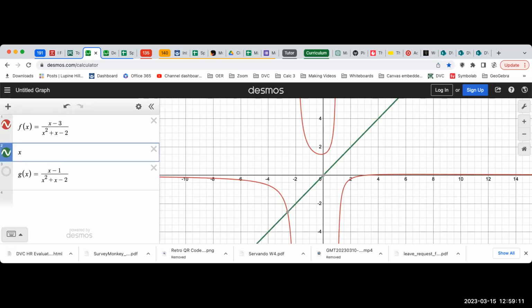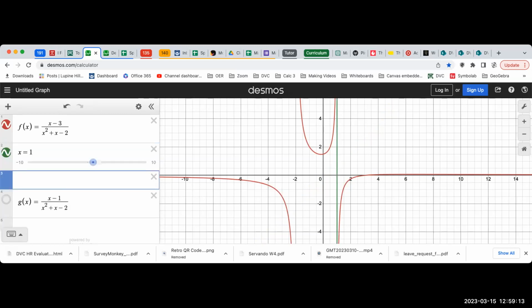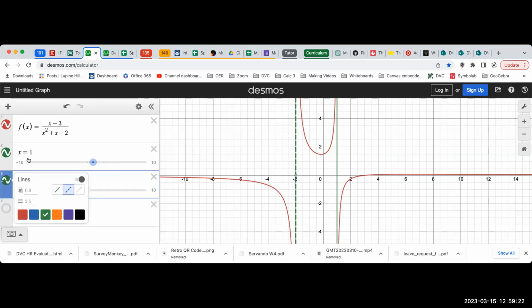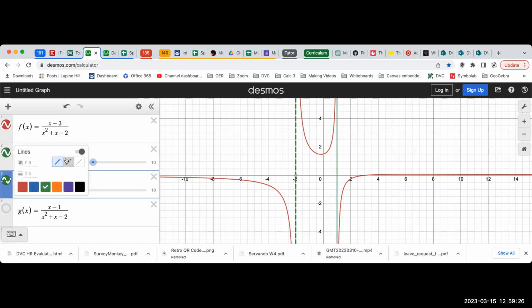If I put x equals 1, and x equals -2. Let's color them the same. Notice that this graph has a vertical asymptote at these two x values that we're not allowed to plug in. So x cannot equal 1 and x cannot equal -2.